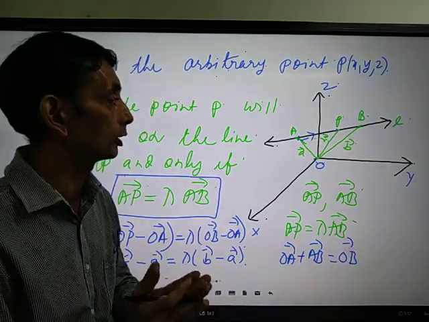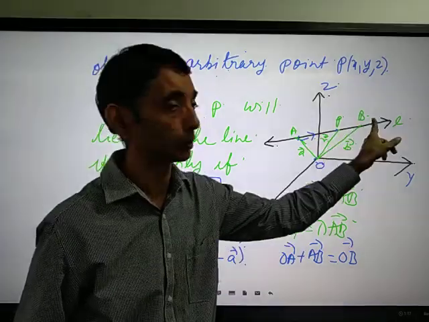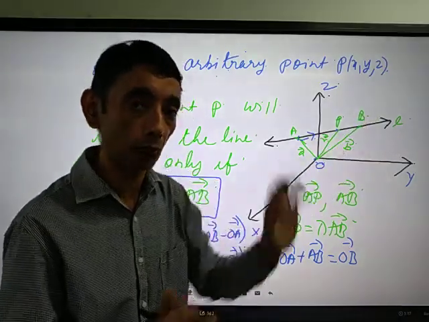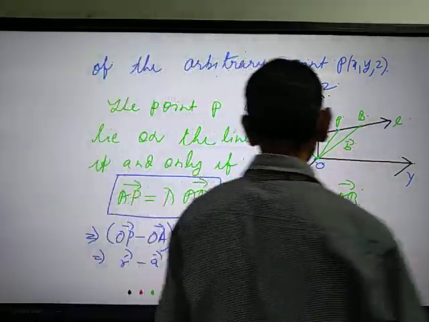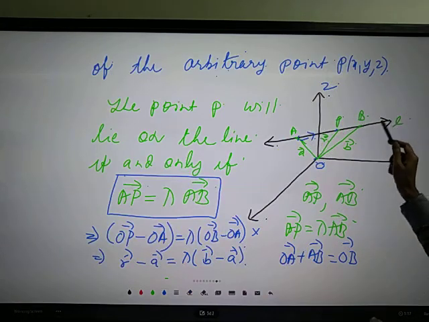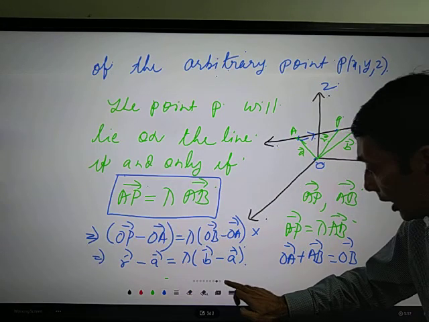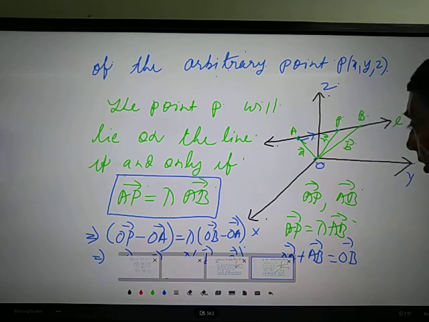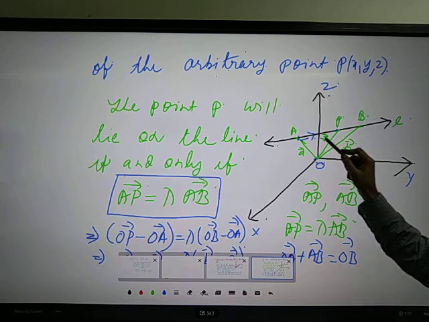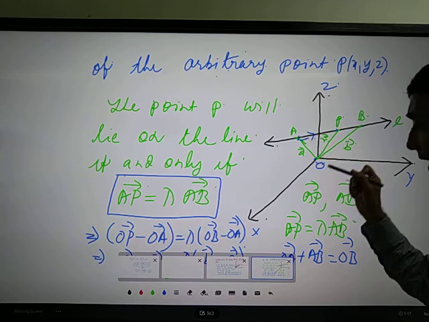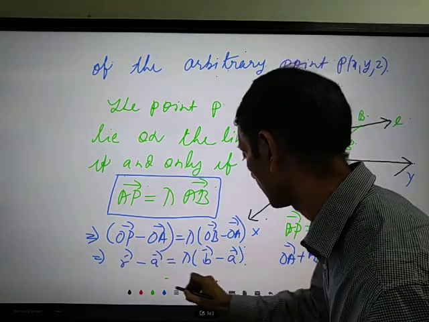Now let us again derive the Cartesian form of the equation of this line L. For that, we should know the coordinates of A, P, B, which we have already taken.